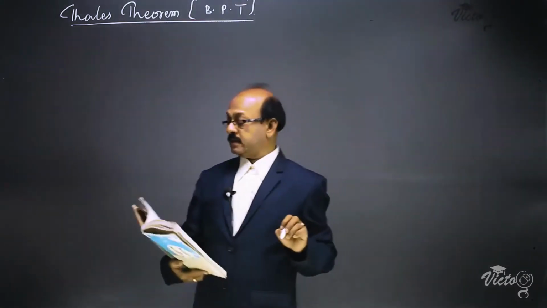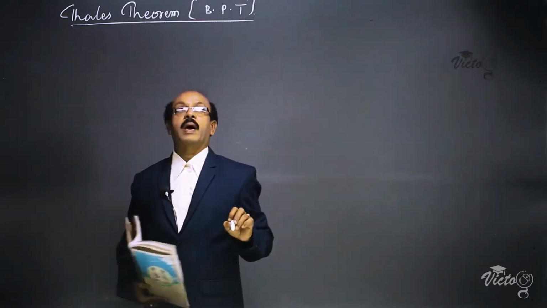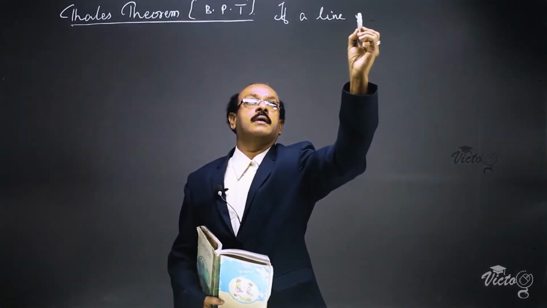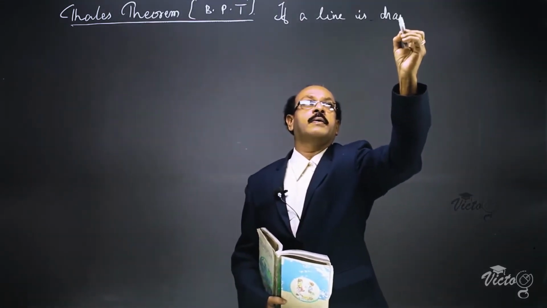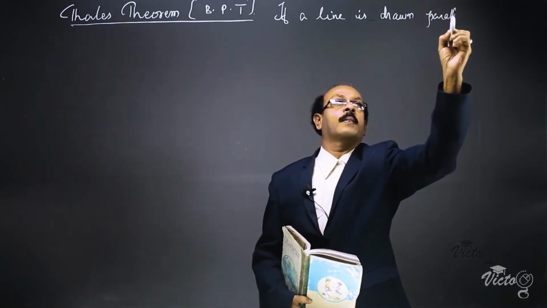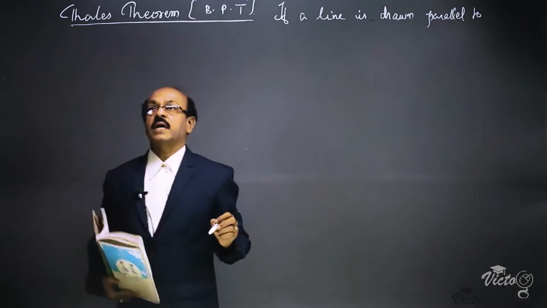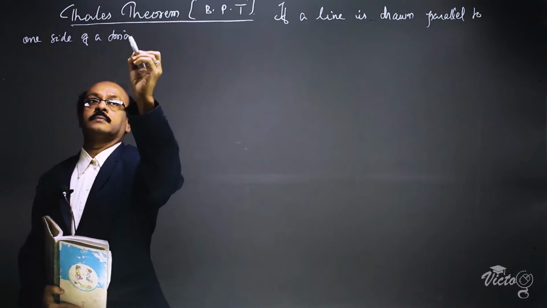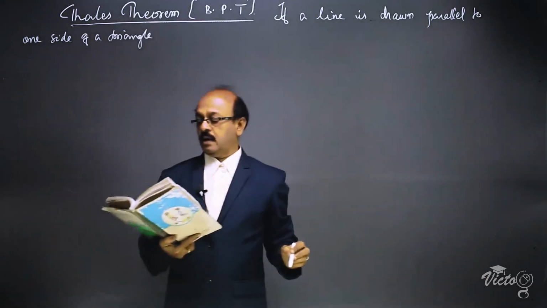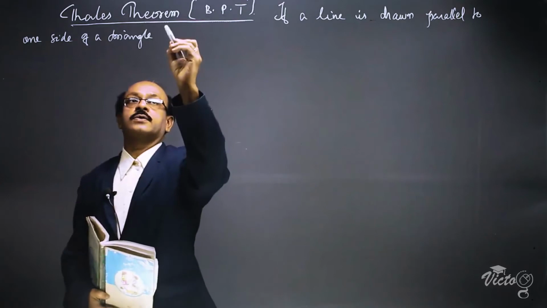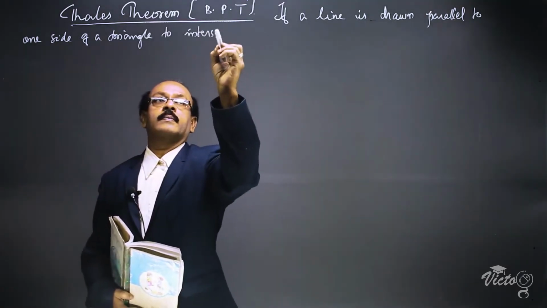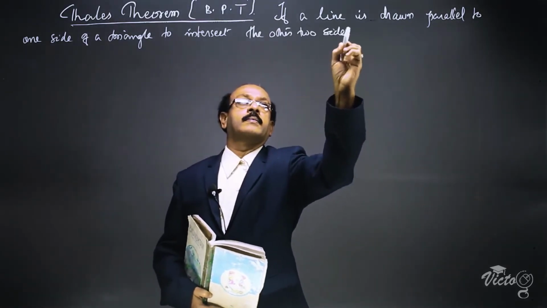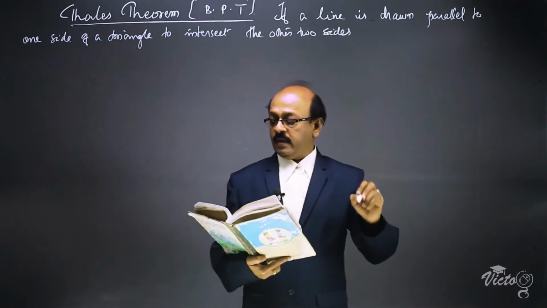The statement is, if a line is drawn parallel to one side of a triangle to intersect the other two sides in distinct points, the other two sides are divided in the same ratio.